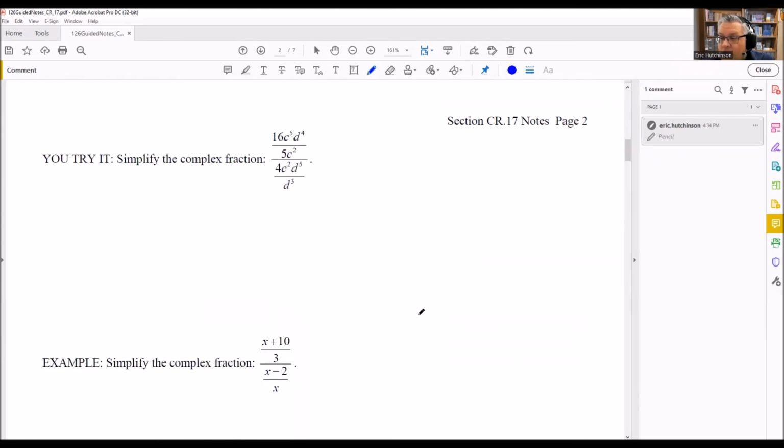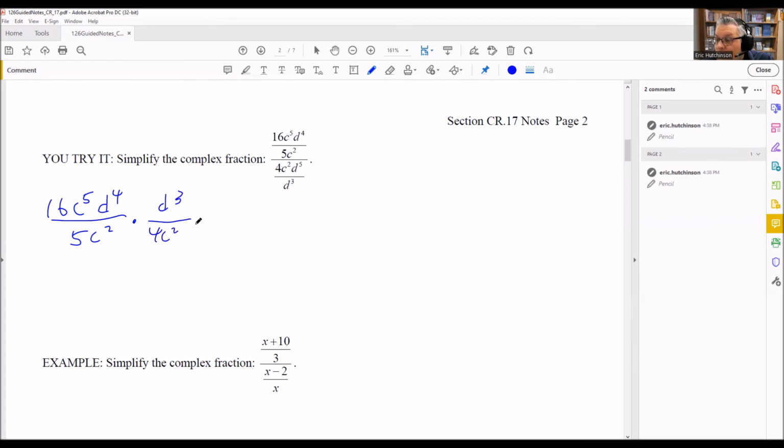Let's do one more of these. This one, we're going to take the top fraction exactly the way it is, so 16c to the 5th, d to the 4th. In the bottom, we have 5c squared. Multiplying this by the reciprocal of the bottom, we're going to do d cubed over 4c squared d to the fifth.